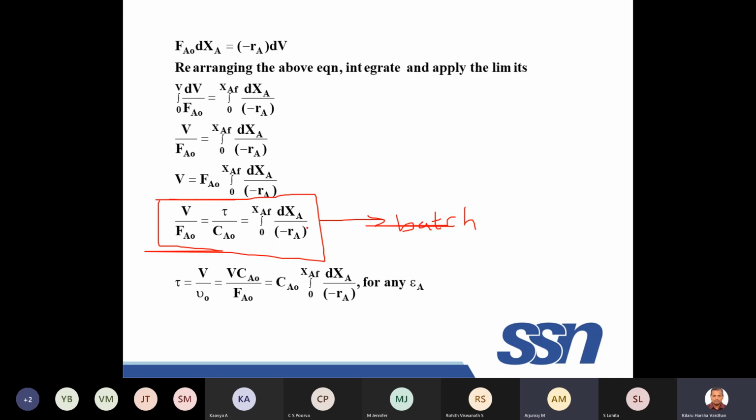PFR only, sir. So don't use the term continuous reactors. It is only PFR. Continuous means CSTR also comes into the picture, whereas for CSTR the design expression is different. You won't get this integral at all for that. Only XA by minus RA you get, right?